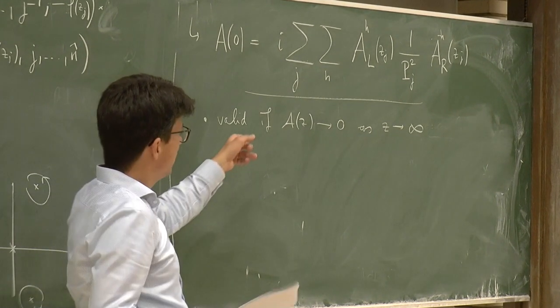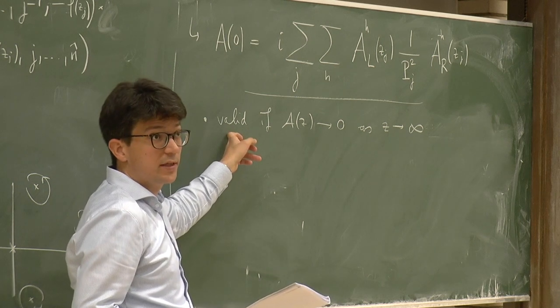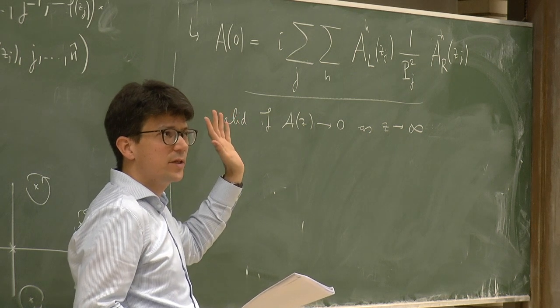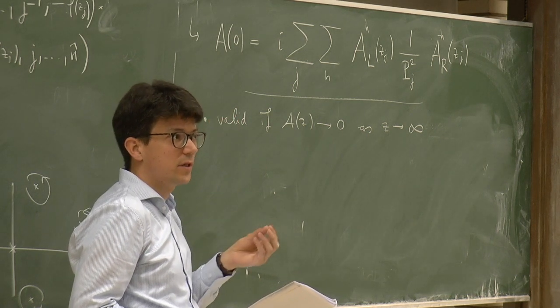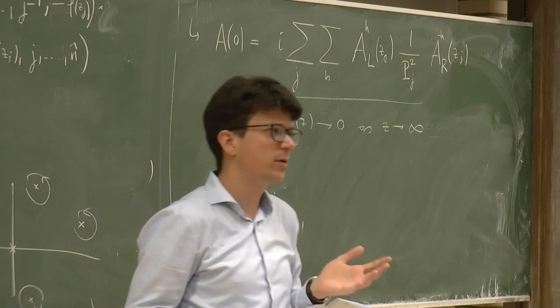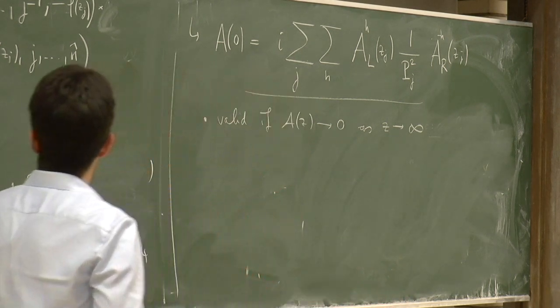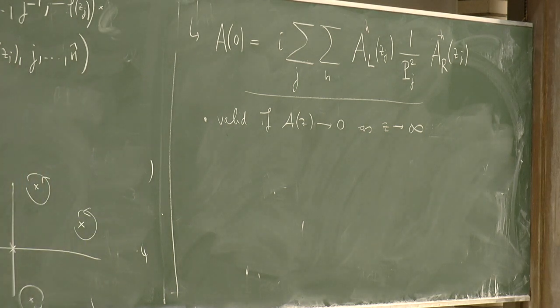However, if this is not true, one can still proceed. I mean, there's nothing wrong with the idea. The only question is what is the term at infinity, and to be honest, I don't have a good answer. I don't have an answer which is equally good as this nice physical factorization interpretation.